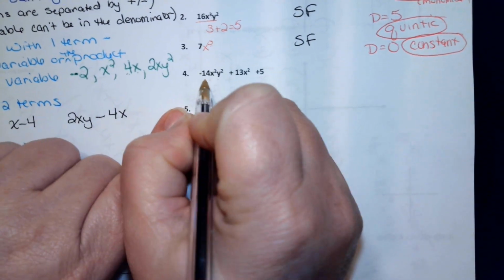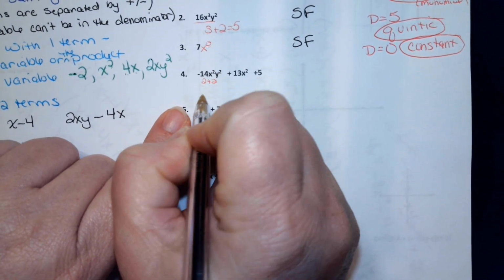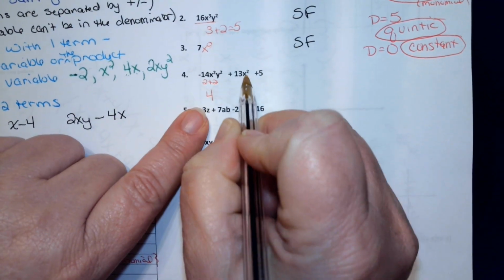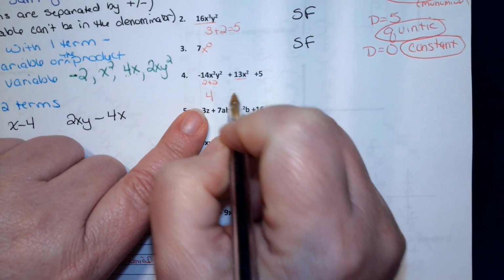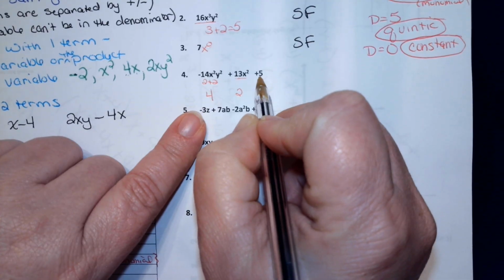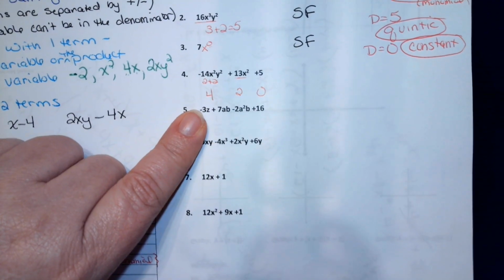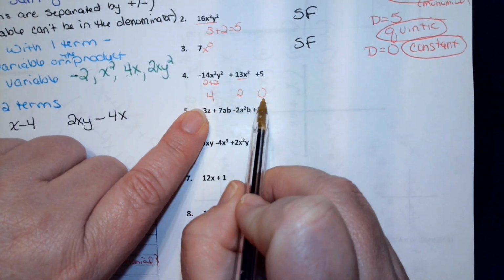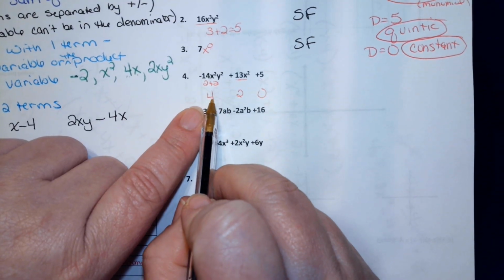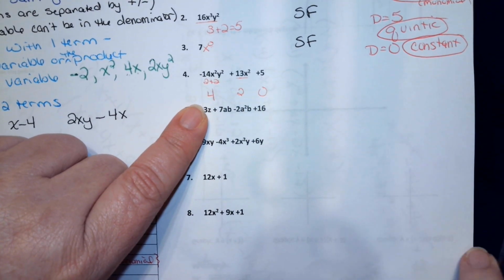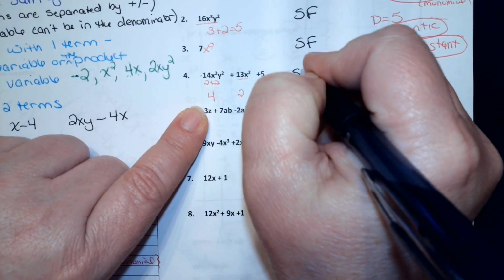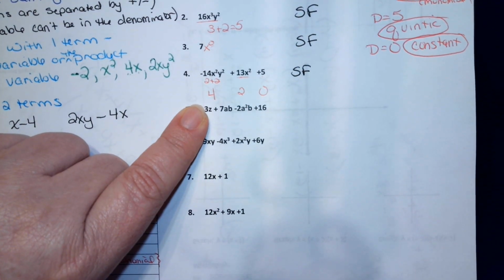So right here we would say 2 plus 2, we get 4. Right here, the degree of that term would be a 2, and the degree of that constant would be a 0. Is this in standard form? Does it go from the biggest degree to the smallest? Yes.